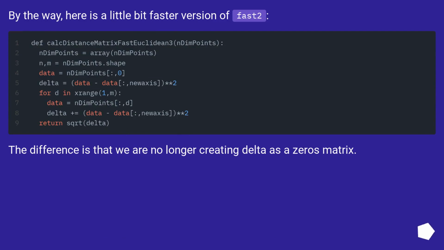By the way, here is a little bit faster version of Fast2. The difference is that we are no longer creating delta as a zeros matrix.